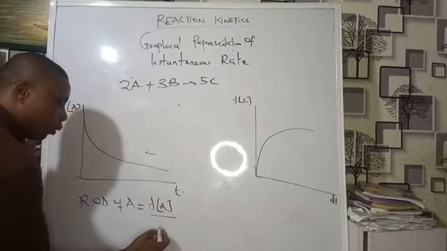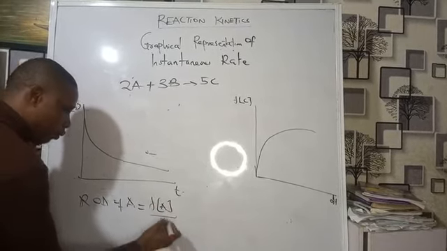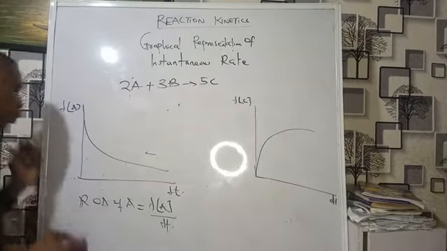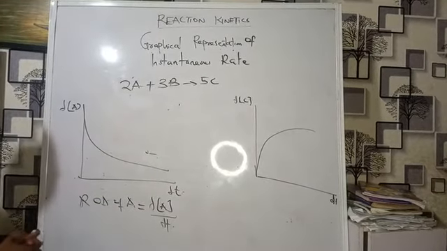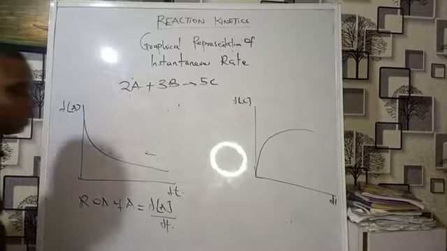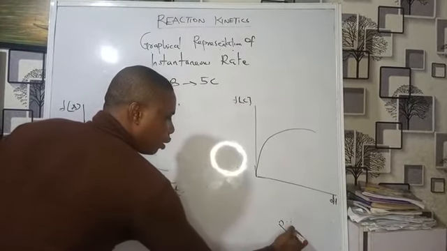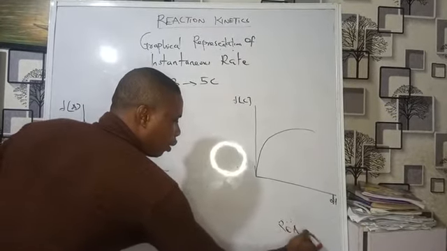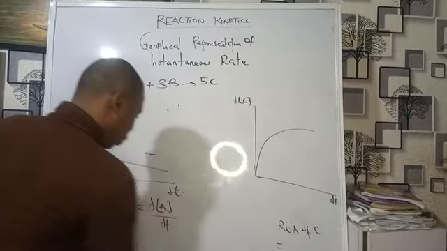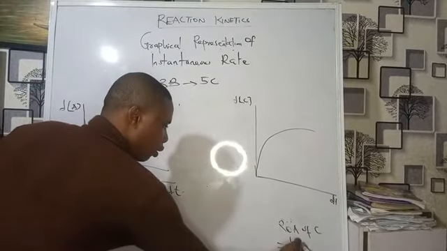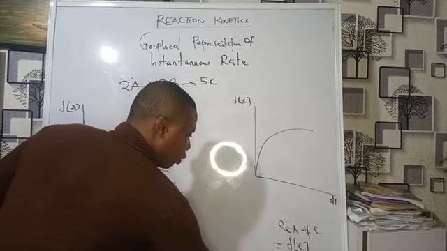Negative d[A] over dt. Let's make this one dt. So now this is the rate of disappearance of A. Now what is the rate of appearance ROA of C is equals to what? d[C] over what? dt.